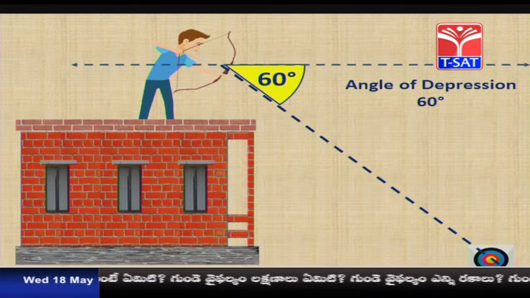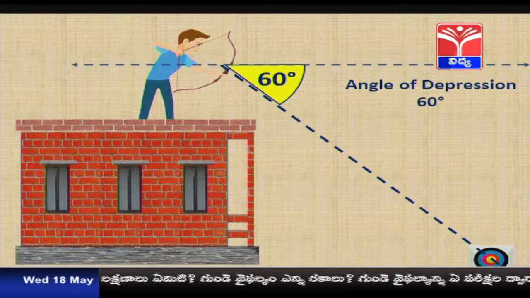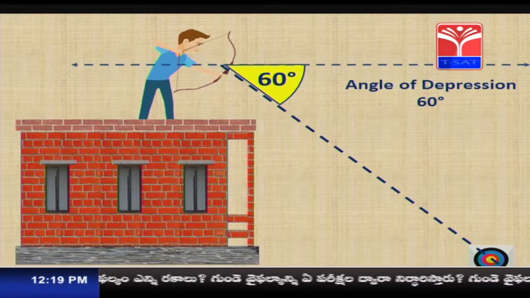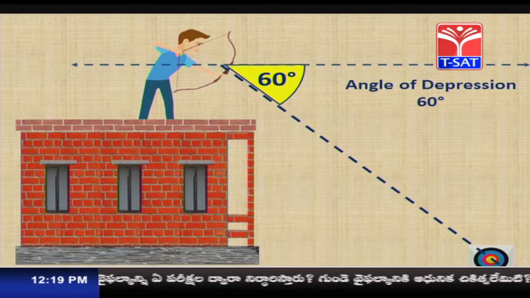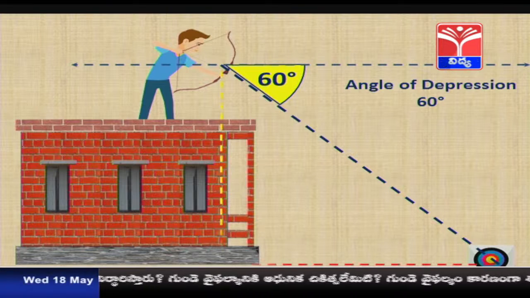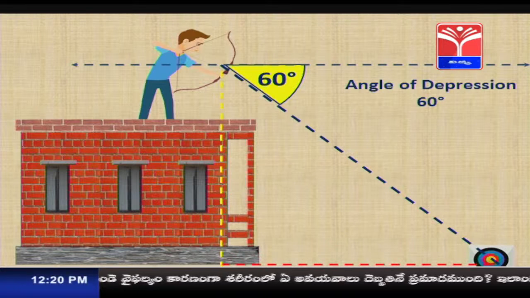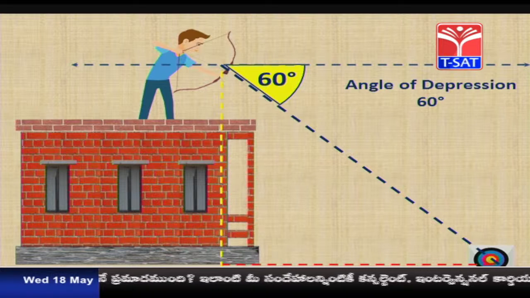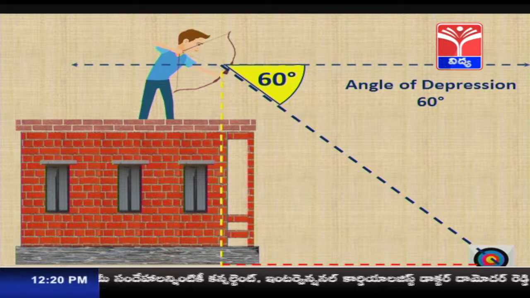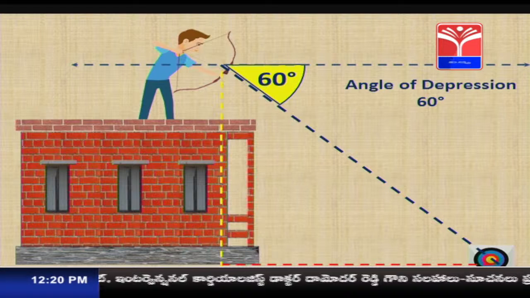So the horizontal and the line of his shooting arrow, the angle between them is how much here? 60 degrees. Are you clear? Now you are able to see the vertical line as well as the horizontal line, which are going to give us the height as well as the horizontal distance, the distance from the foot of the building to the target.